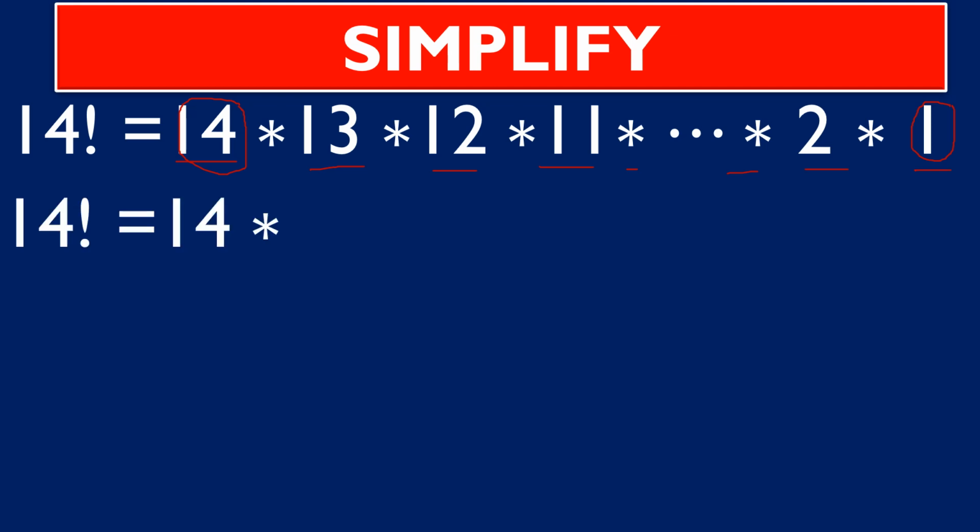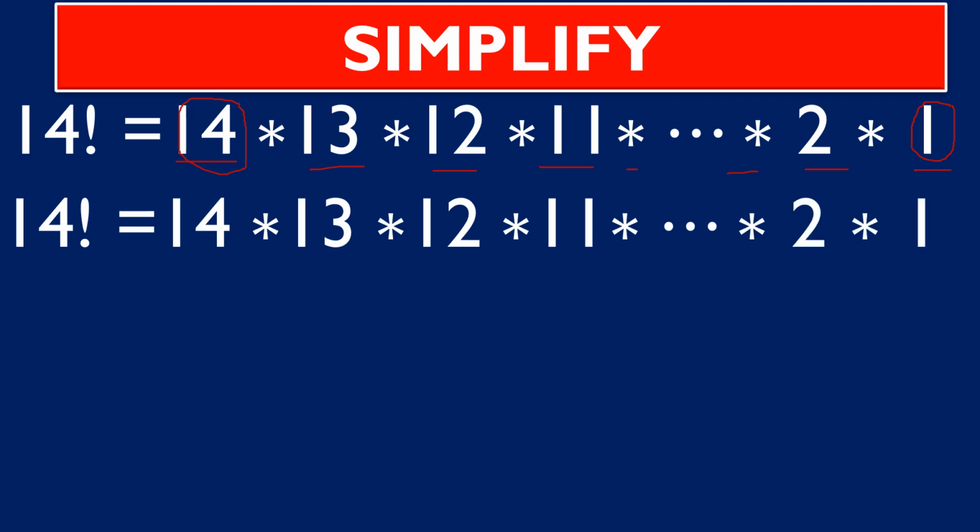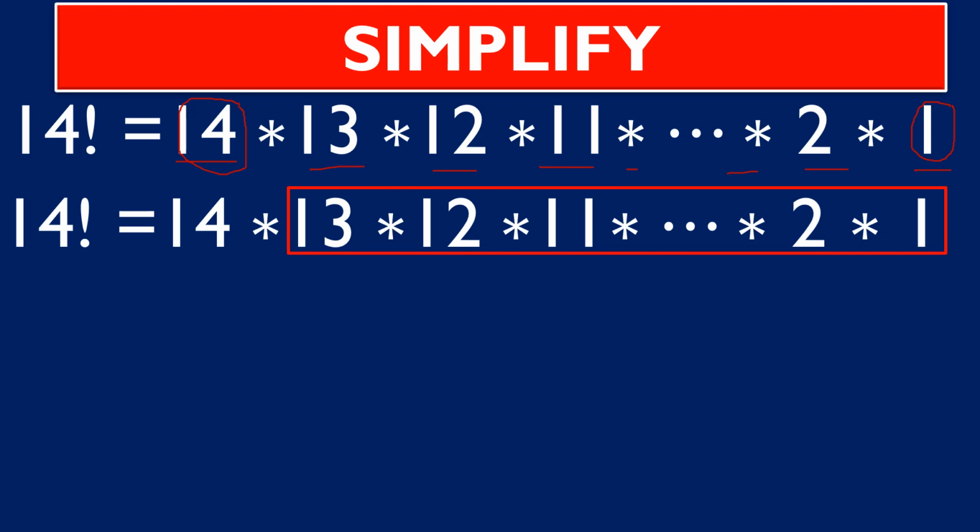That therefore tells you and I that our 14 factorial can also be rearranged or come in a different form of expression. Now, look at 13 times 12 times 11 all the way to 2 times 1. That expression is the same as 13 factorial.